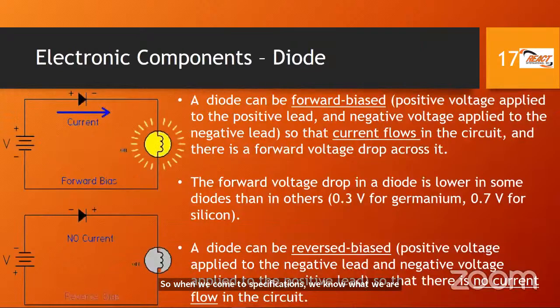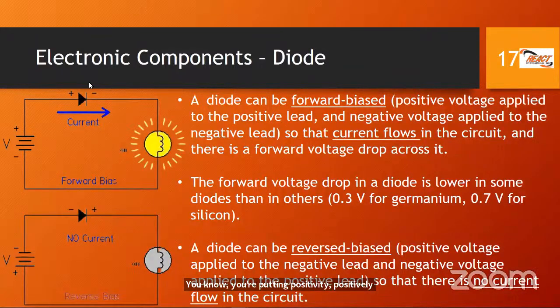All right, so let's just show that a diode, we talked about, current flowing in one direction only once it's in the circuit like that. But if it tries to flow in the opposite direction, it will not allow it. So there's a term, and I mentioned it a little bit earlier, called biasing. We have forward bias, which is where you put the positive to the positive, the negative to the negative, and therefore there will be a current flow.